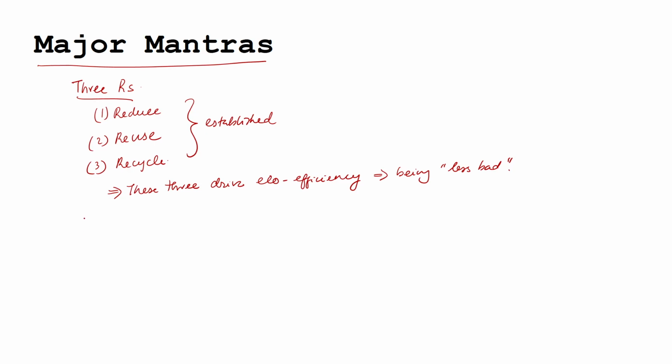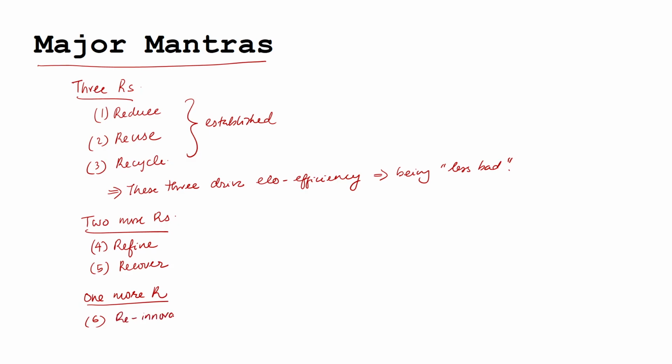Then 2 more R's were added. The 4th one is refine the process, refine the product, etc., and the 5th one is recover. So, refine and recover became 2 more R's added to it. Then came 1 more R, known as re-innovate. Not just innovate, re-innovate, keep on innovating again and again.